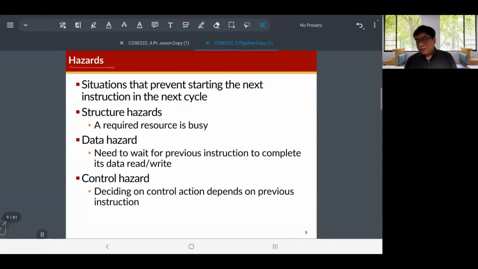If you look up the definition of hazard in a dictionary, you can find the meaning: a very flat surface, and under this plain surface there are some cracks.